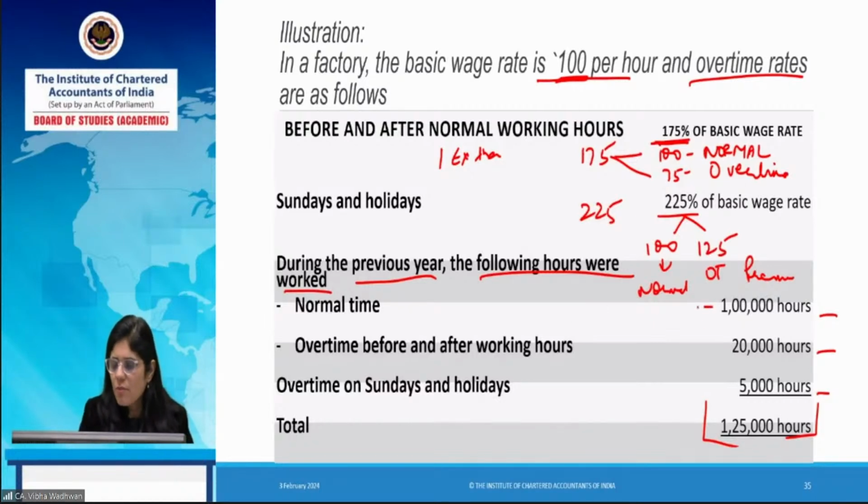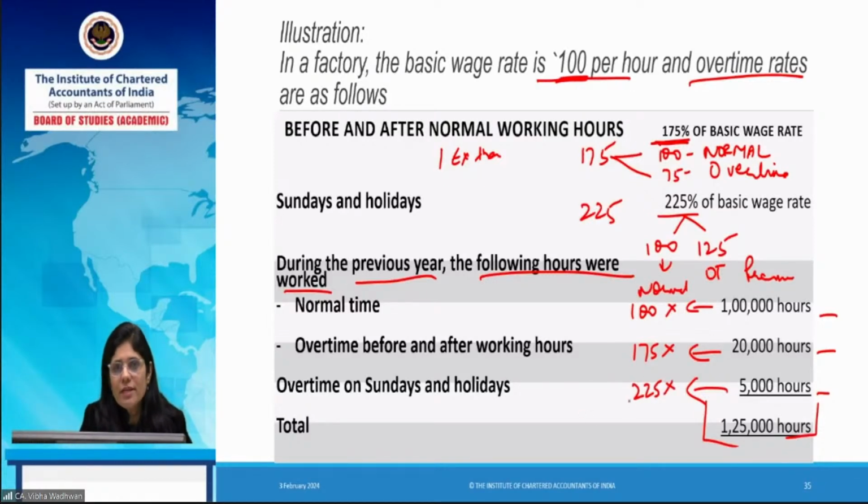See, the normal working hours will be multiplied by 100. 20,000 working hours. So total the rate will be 175. 175 means 100 basic wage hai or 75 overtime hai. For 5,000 hours worked on Sundays and holidays, they will be paid at the rate of 225 per hour.